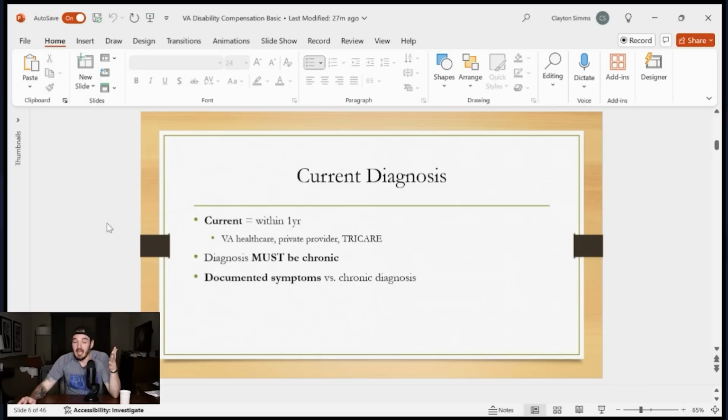It would just be nice if the VHA side of the house would also give chronic diagnoses with their documented symptoms. Now, in your VA healthcare records, your VAMRs, medical records, you're going to find SCT codes and ICD codes. The SCT is a treatment code, and that would suffice for VA rating purposes. The ICDs are your actual diagnosis.